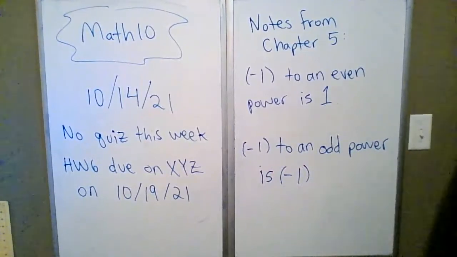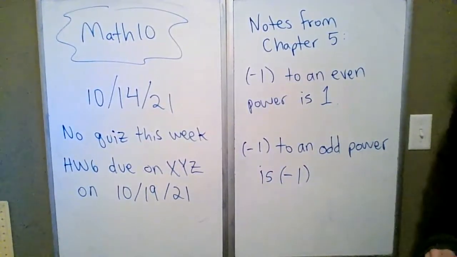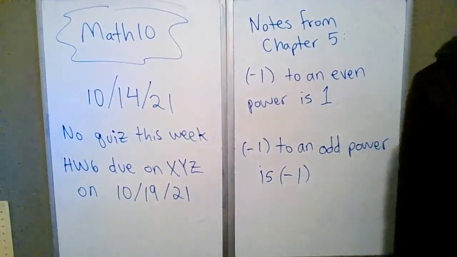We're going to go through the first few, like -1 squared, -1 cubed, -1 to the 4th.